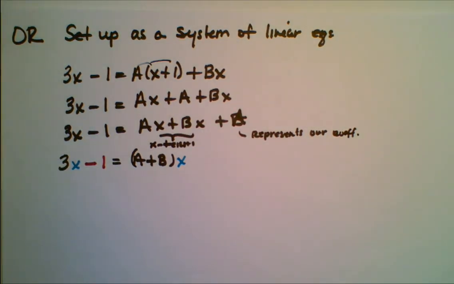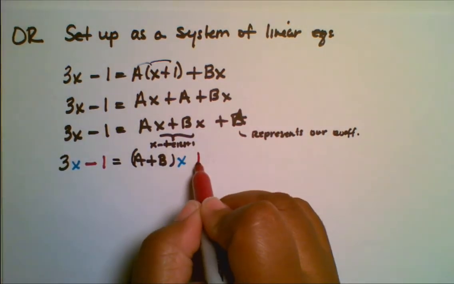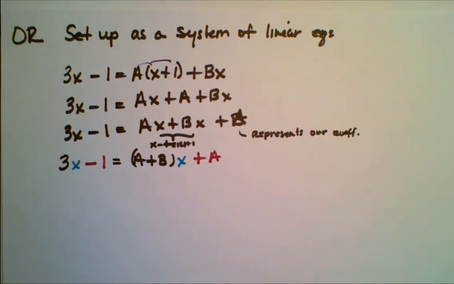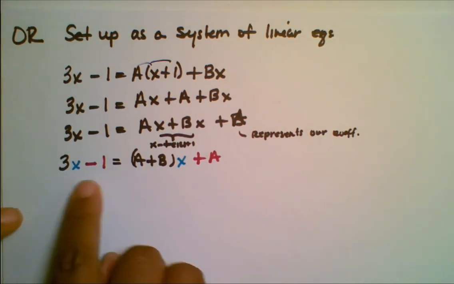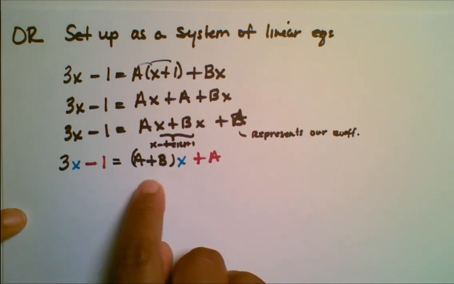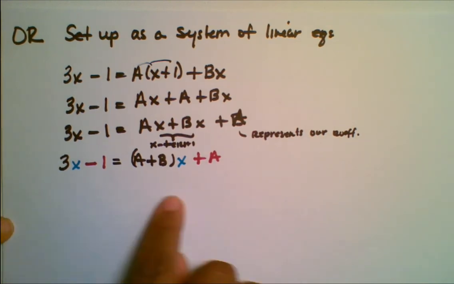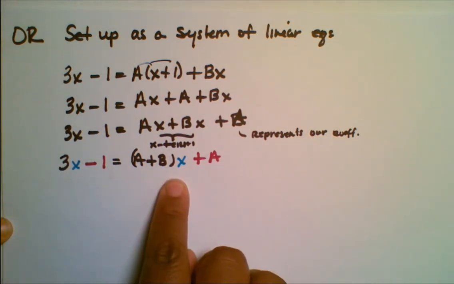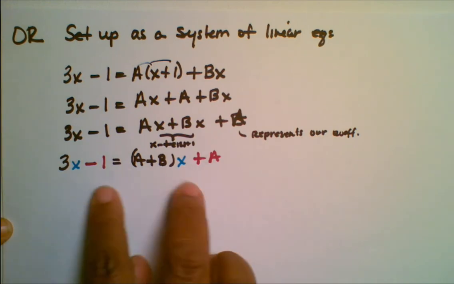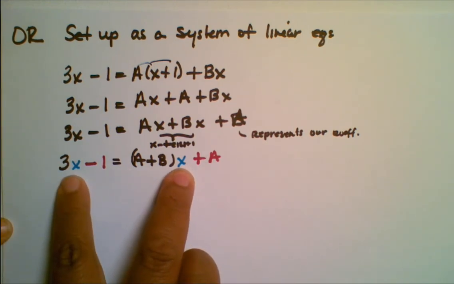Okay, so we're going to say plus a. All right, so now we're going to set this up as a system of equations just by focusing on the coefficient component. Our first equation is going to represent the x term, what I have here in this blue.